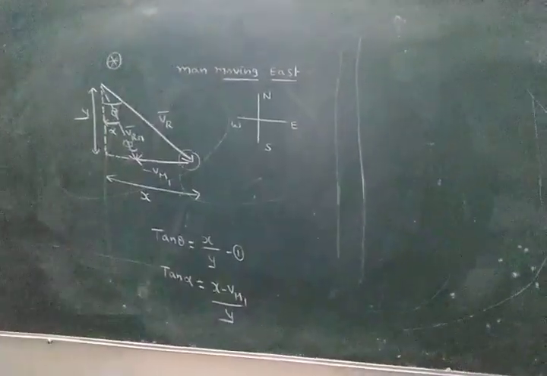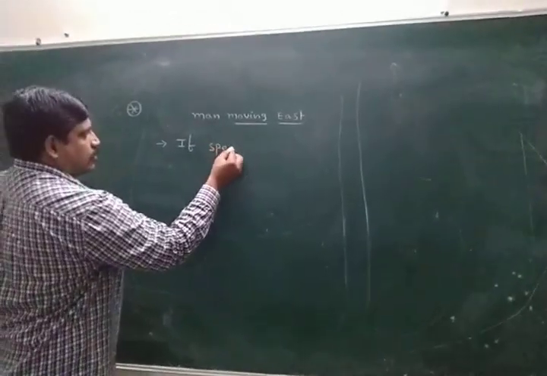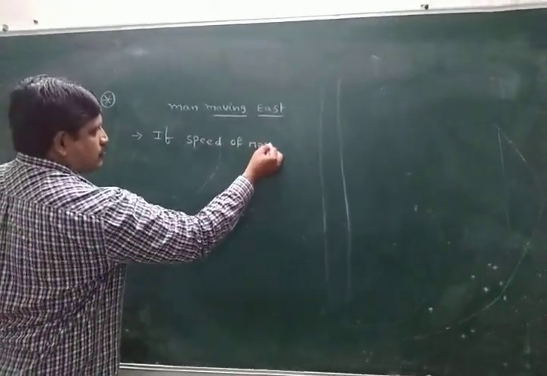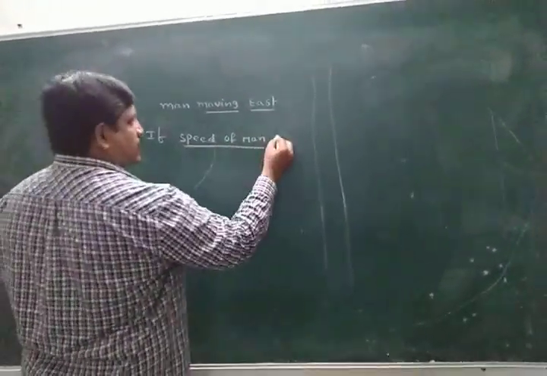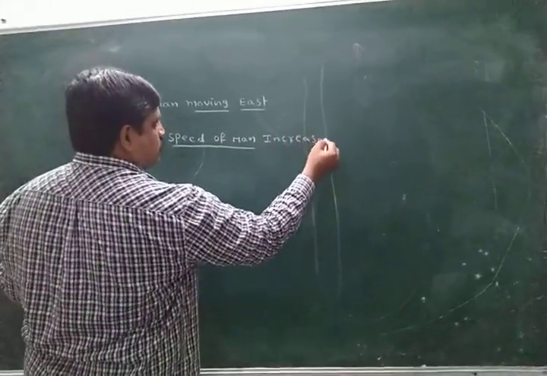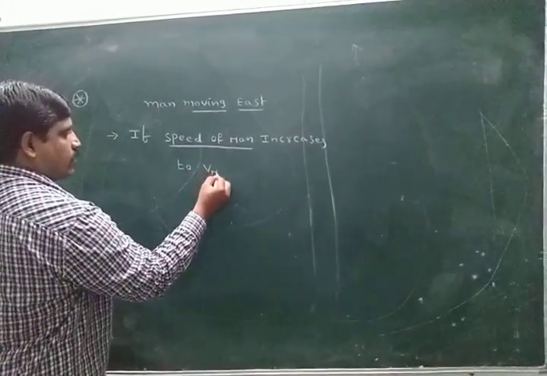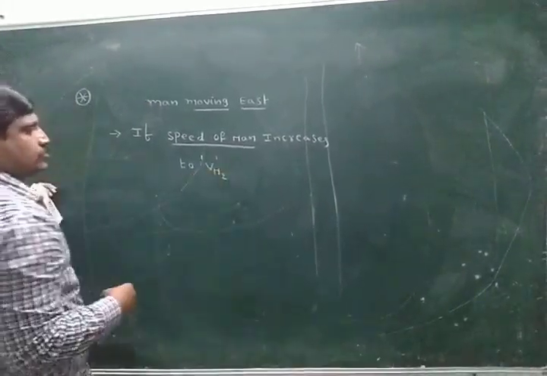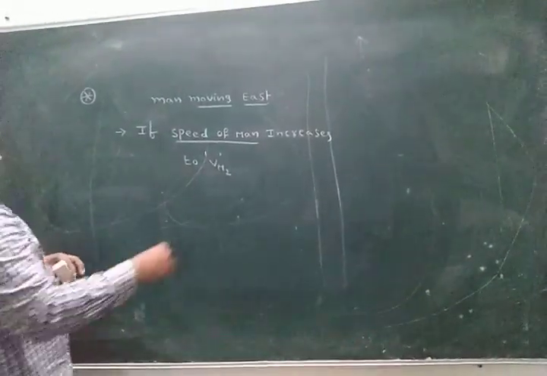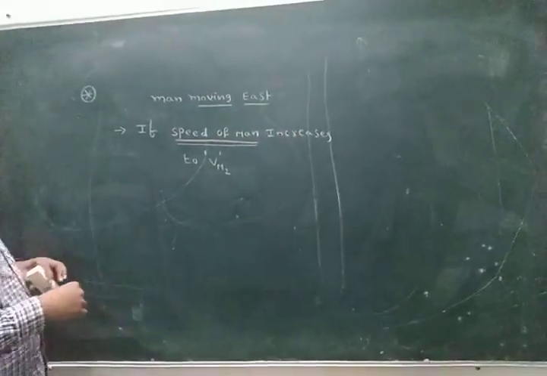Here rain is falling slantwise. If the speed of the man increases to Vm2, from Vm1 it went to Vm2.